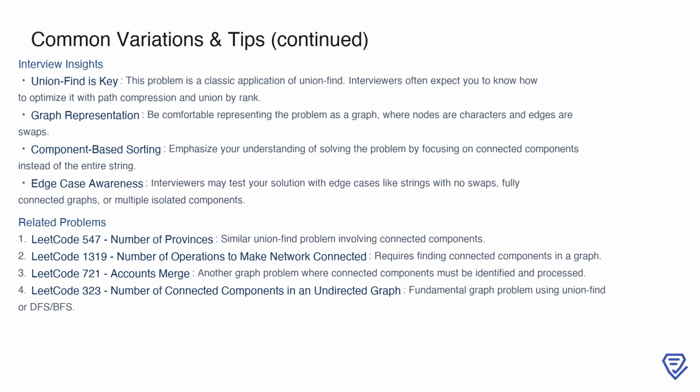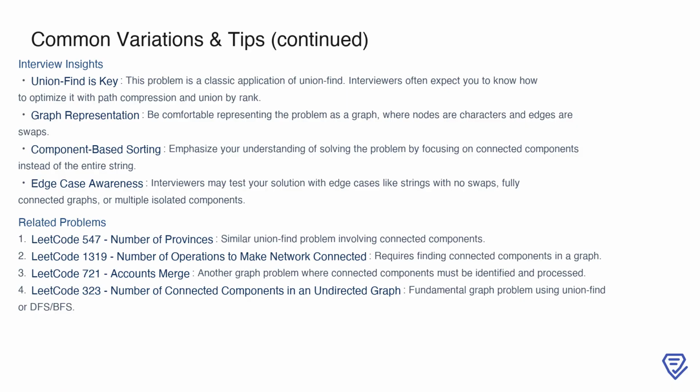Now, let's consider some insights that are particularly relevant in interview scenarios. This problem is a textbook example of using union find, so interviewers often expect you to demonstrate not only its implementation but also its optimization with techniques like path compression and union by rank. It's also important to recognize this problem as a graph problem, where nodes represent characters and edges represent the swap operations.